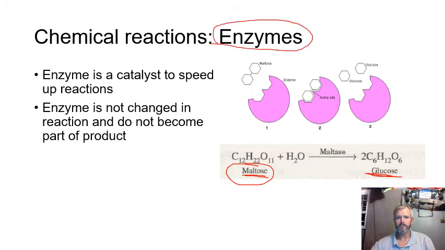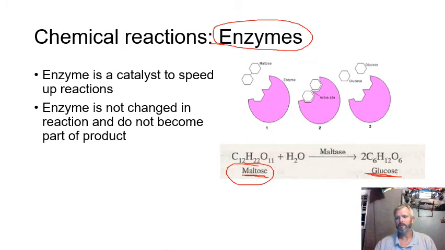They are proteins that help catalyze or speed up these reactions. And we'll talk about how they do this when we start talking about enzymes. They allow maltose to be broken down into glucose. So instead of maltose staying maltose, if you put maltase in, you'll get much of the maltose broken down into glucose. That's the function of these enzymes.